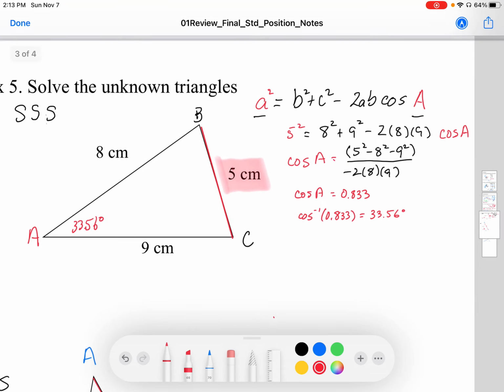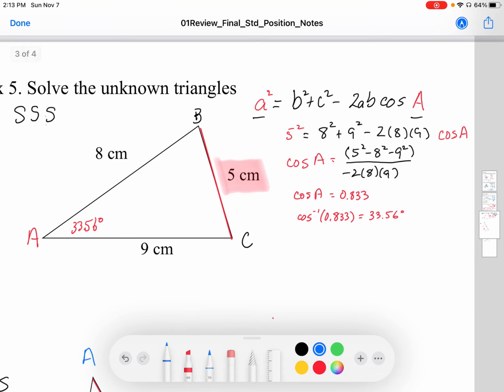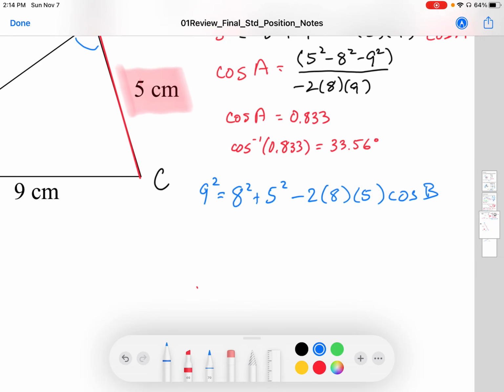Okay, then I'm going to solve for another angle. In this case, I'm going to solve for angle B. So we'll do 9 squared is equal to 8 squared plus 5 squared, minus 2 times 8 times 5 and cosine of angle B. So I'm going to solve for this angle here, B. Okay, so there's my cosine expression.